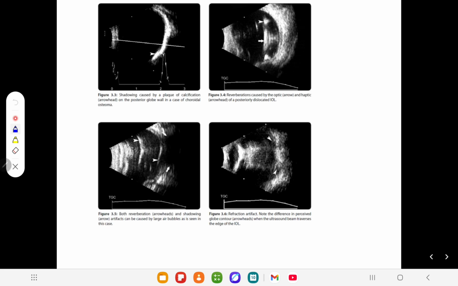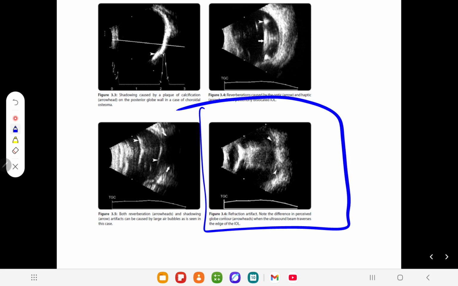So refraction artifact, you see this picture. In figure 3.6, the refraction artifact shows the difference in perceived globe contour, arrowhead. Can you see this difference in perceived contour, arrowhead? When the ultrasound beam traverses the lens.